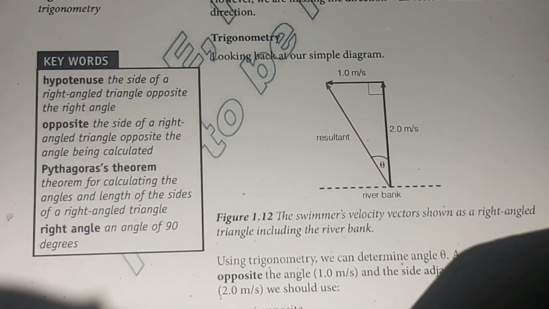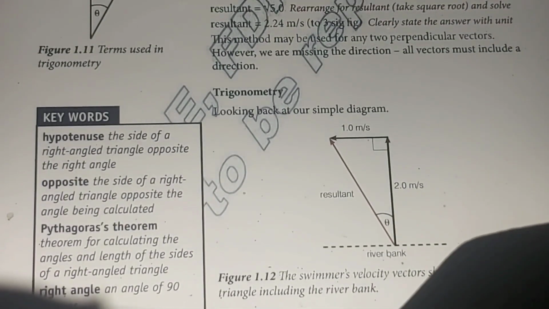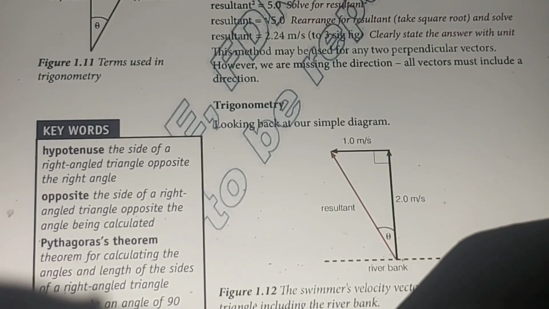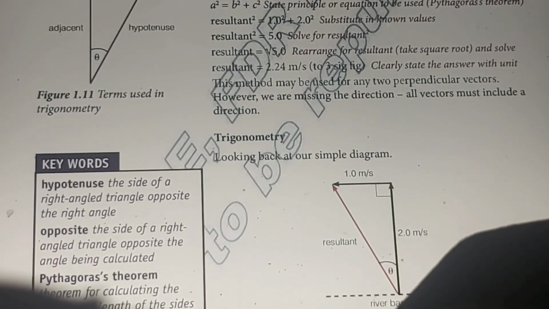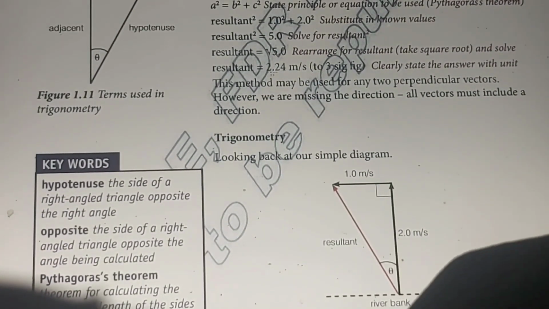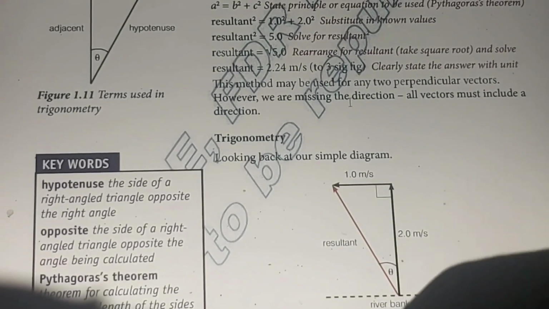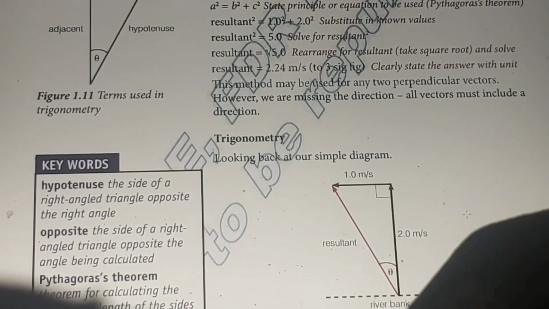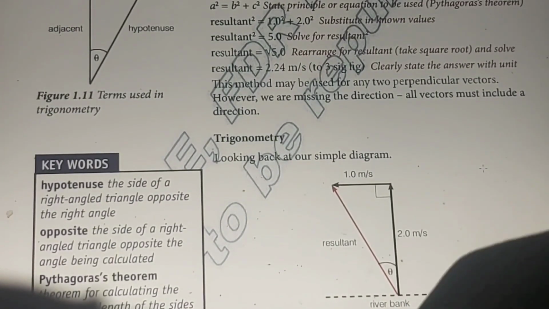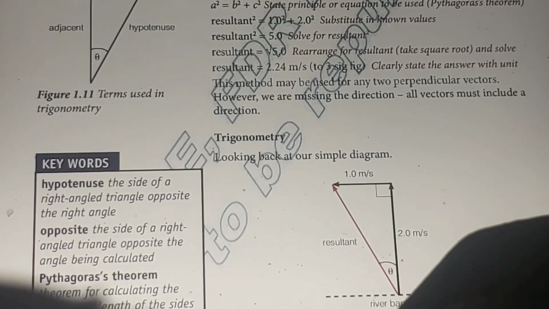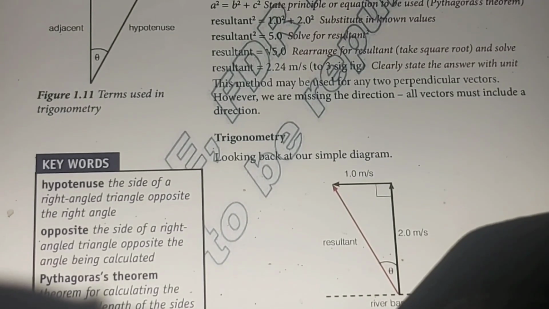But by the parallelogram method and by the Pythagoras theorem method, we can have slightly different results. The resultant becomes 2.24 meters per second in the case of the Pythagoras theorem.